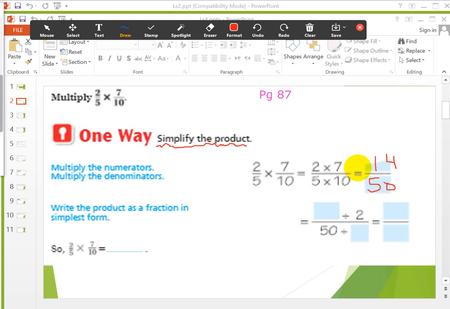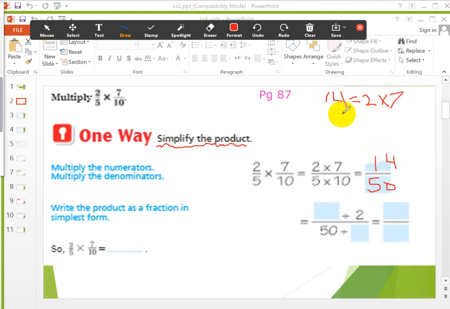But this is not the simplest form for the answer. You remember, your answer doesn't count if you didn't write it in the simplest form. So I have to find the greatest common factor for numerator and denominator. What is the greatest number that the numerator and denominator are able to divide by? It's 2. The multiples for 14 are 2 multiply 7.